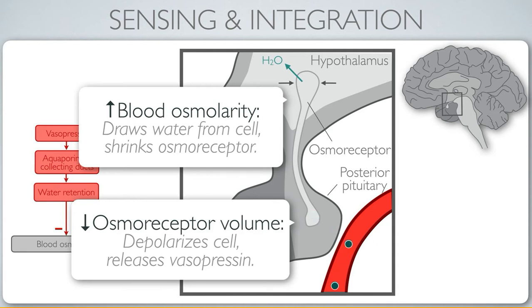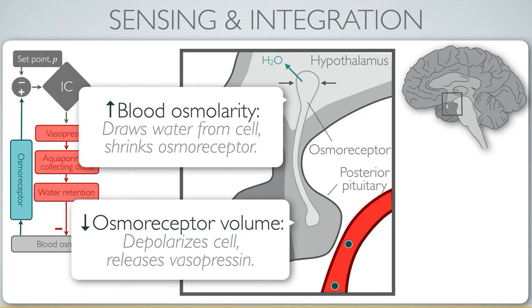So this is a pretty neat system because within one cell, you have a sensory response and then the efferent action. And so the osmoreceptors serve as both our sensors as well as our integration centers.